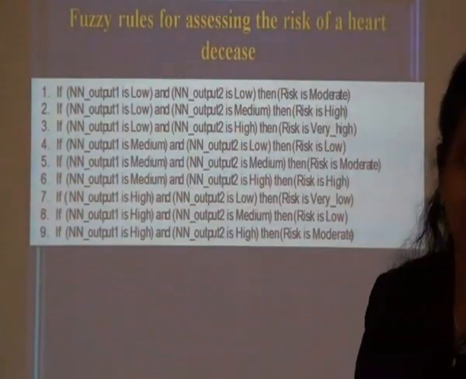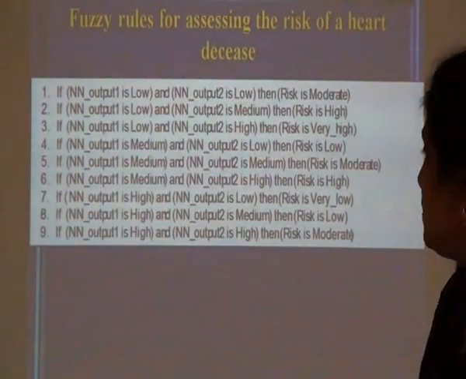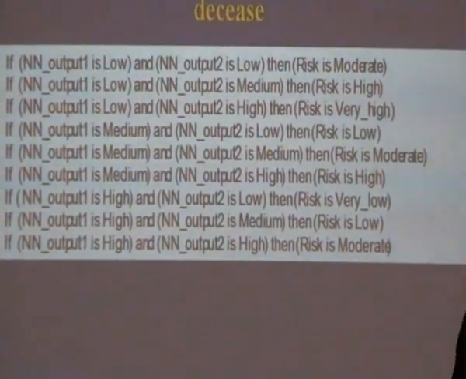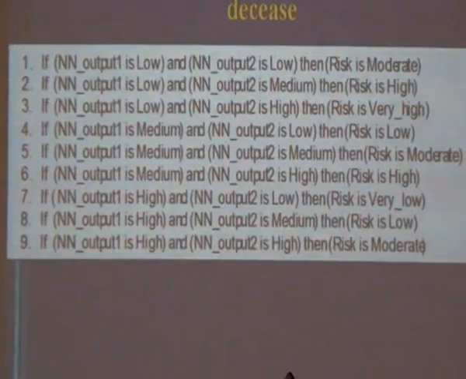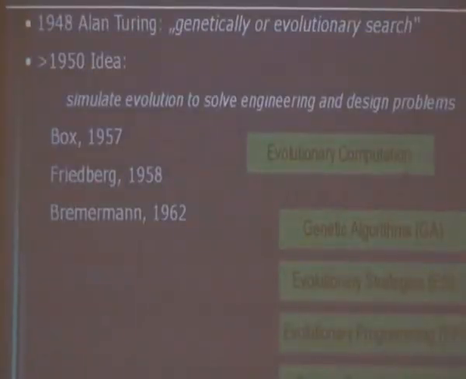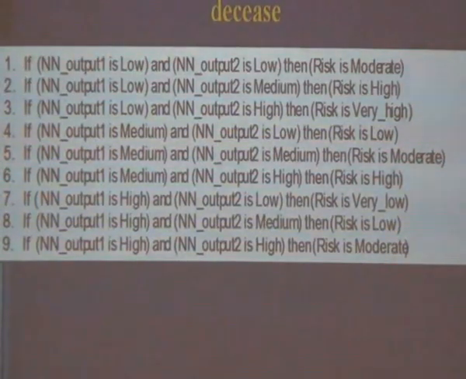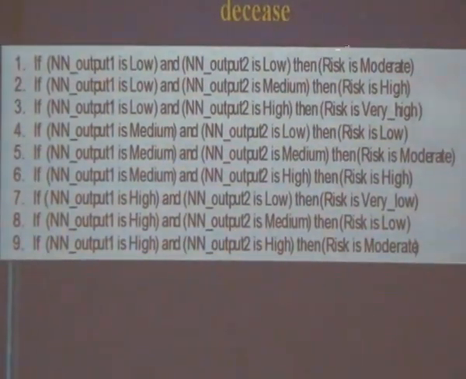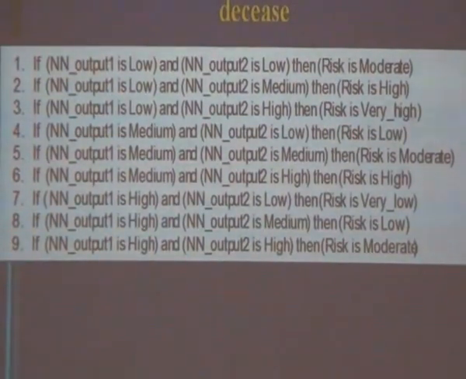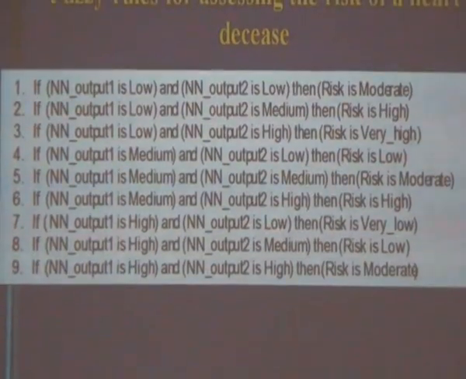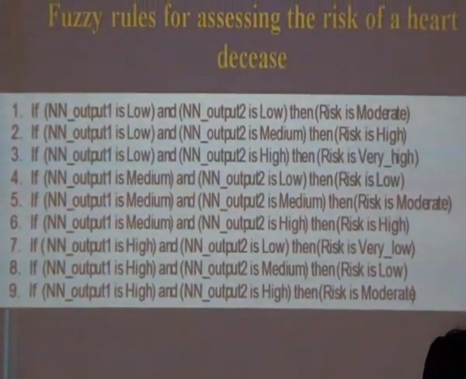Then to make a decision in which category it comes, you can say, if NN output is low, these are called fuzzy rules. With the help of fuzzy rules, you can make a decision in which category it comes. If NN output is low and the second output is low, both outputs are low, then risk is moderate. Instead of saying it is 0.16, it is 0.97, we can say it is low or medium.